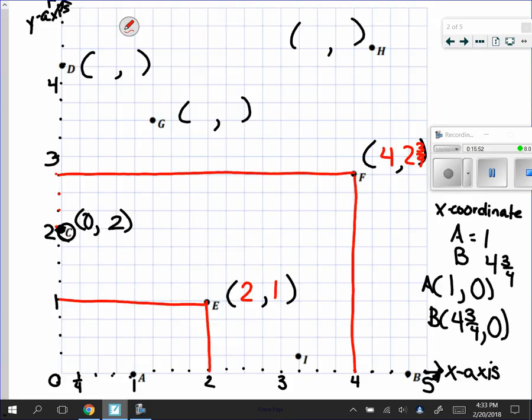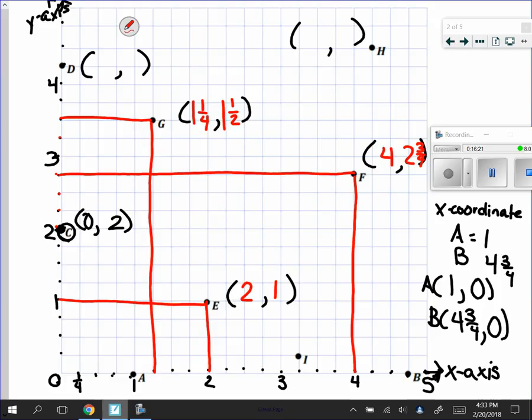Let's see, I'll do G. G is not on 1. 1 and 1/4. It's very important you do the x first. And 3, 1/4, 2/4, and I'm going to simplify that. And then D, what is my x for that?